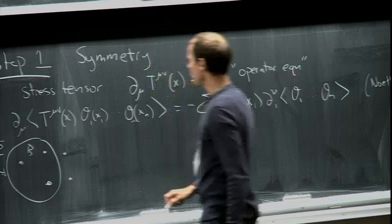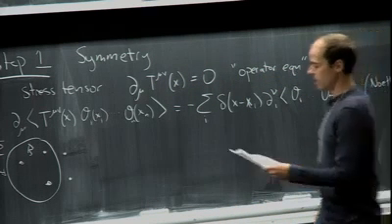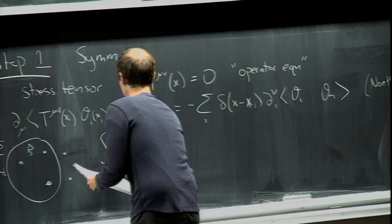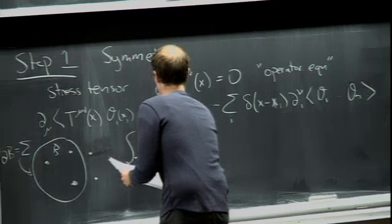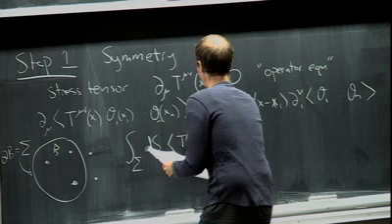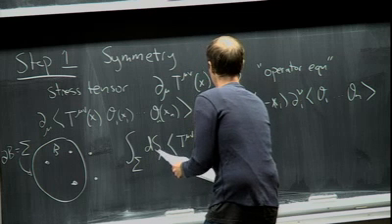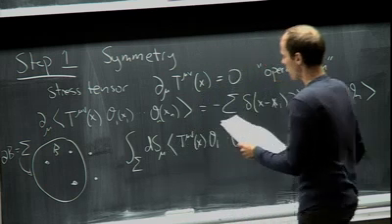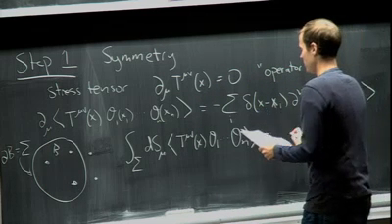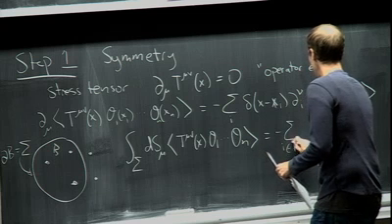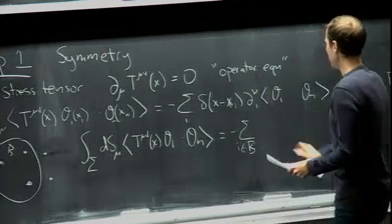So that's this thing. So just taking this equation and integrating it over the ball, we get that an integral over sigma of a correlation function of T_μν is a sum over operators inside B of derivatives.